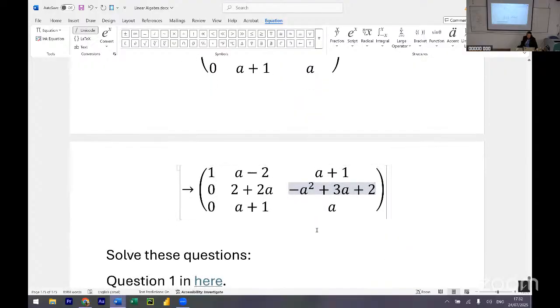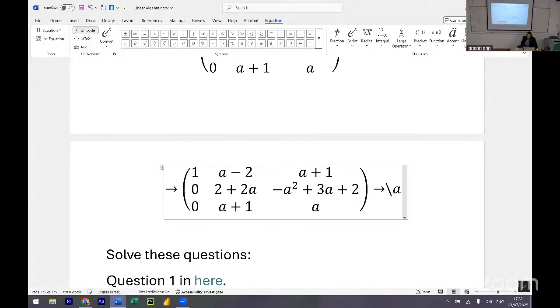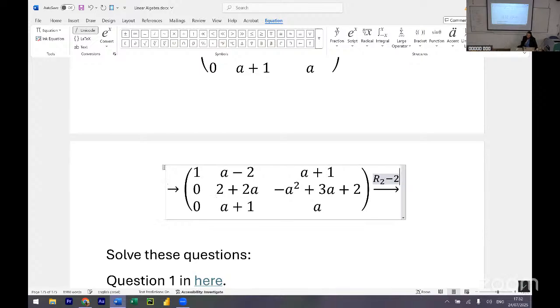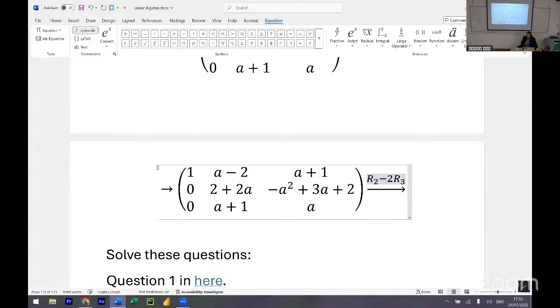Yuck. Okay, now we'll do R2 minus 2 times R3. Do you notice it? Otherwise, what would we have done?